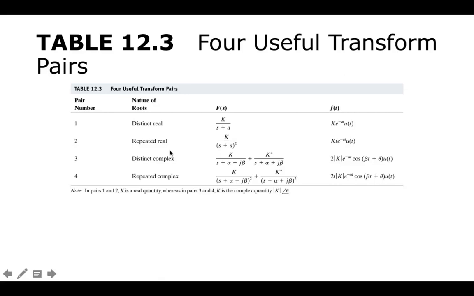Finally, if the roots are complex conjugate pairs, the partial fraction expansion, if you don't complete the square and you do it as complex conjugate roots, is going to look like this. Now, in class, we used the method where we completed the square of the denominator and expanded that into a sinusoidal and a cosinusoidal term, both multiplied by exponential decay.